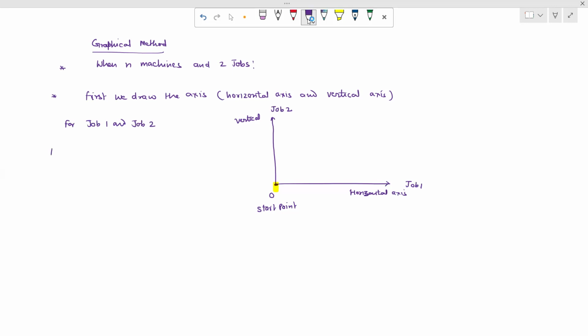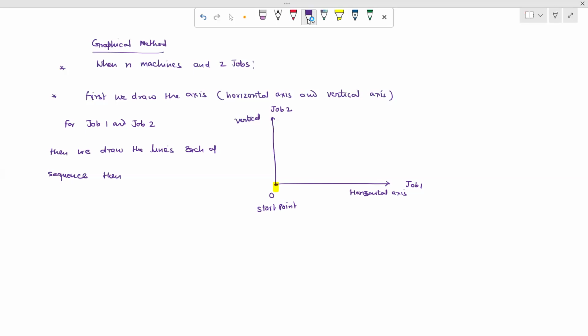Then we draw the lines for each of the sequences.